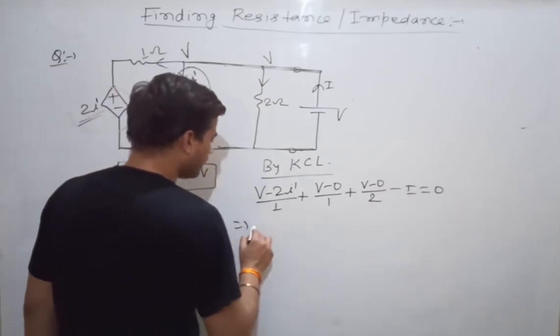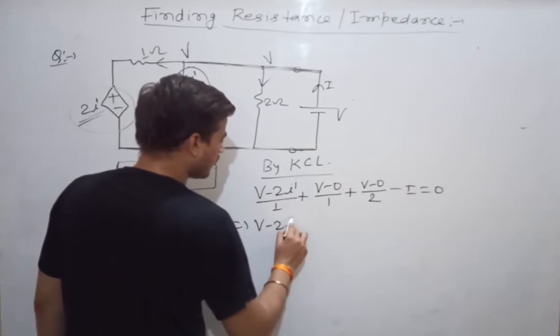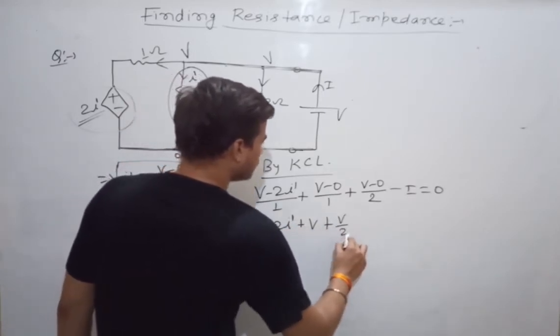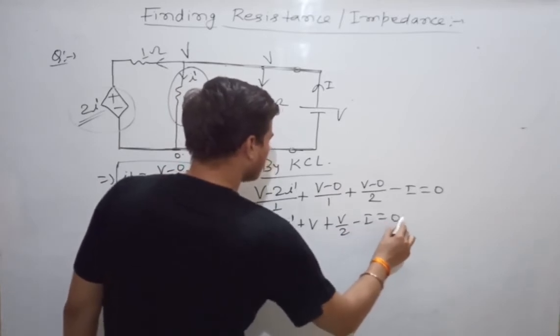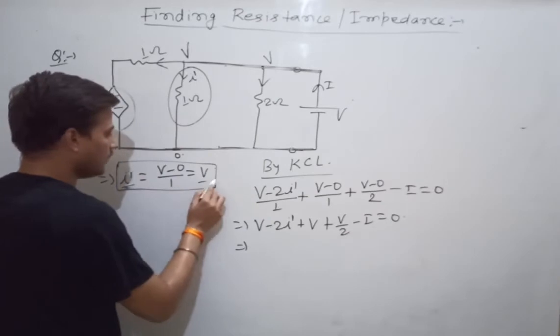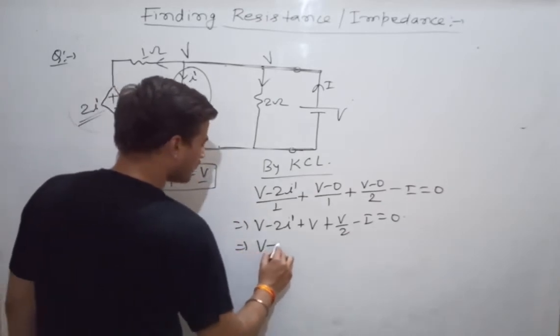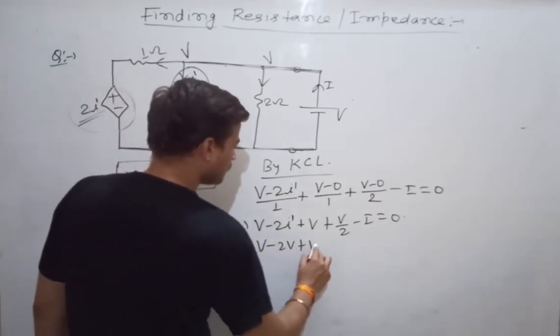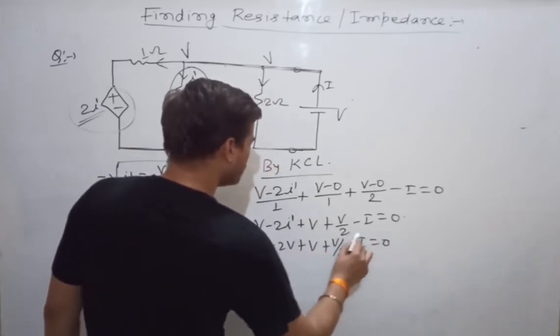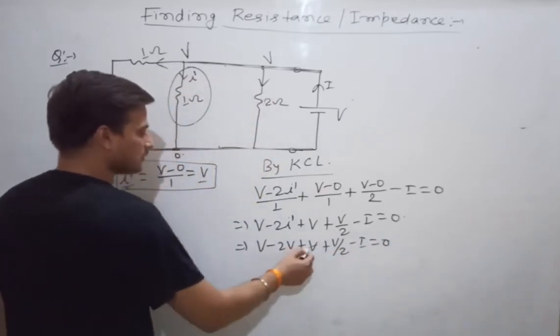From here you will write V minus 2I dash plus V plus V by 2 minus I equal to 0. Next, I dash is equal to V. So here we will write V minus 2V plus V by 2 minus I equal to 0. If you solve this equation, this part will be cancelled out.